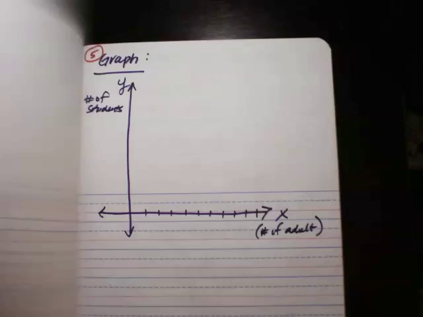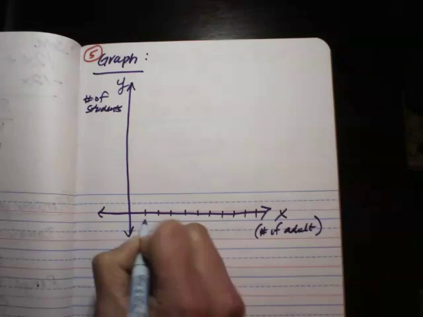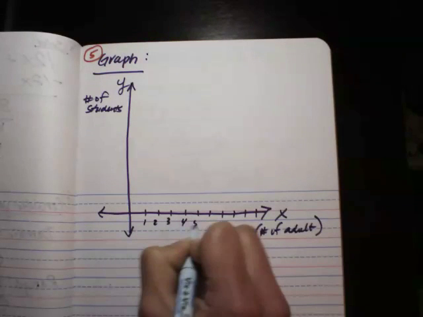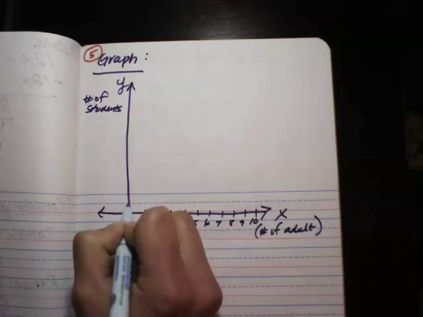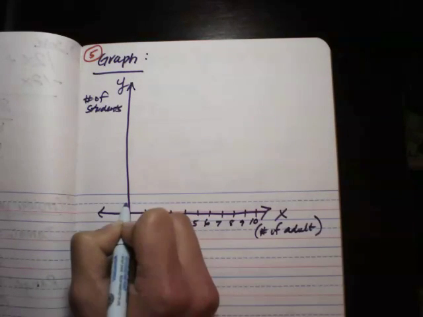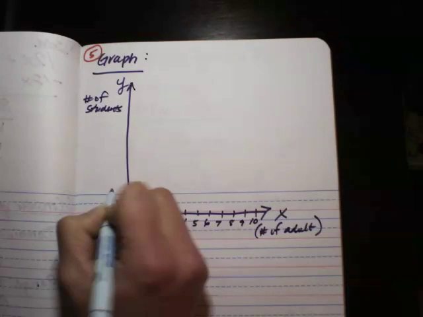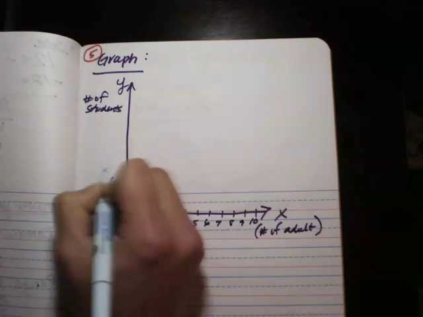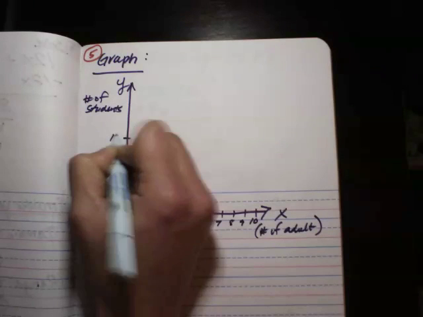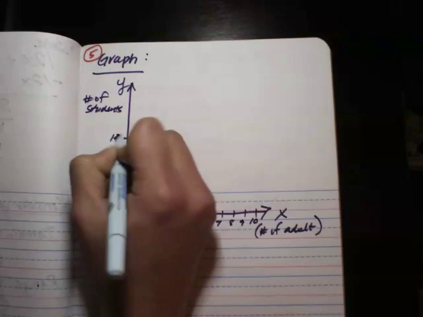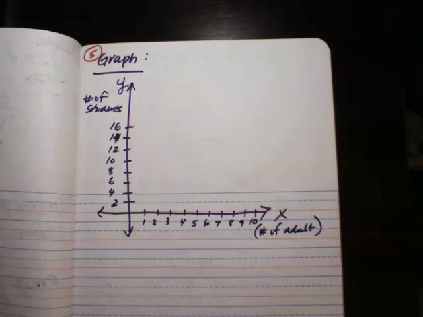Our y values go up to 15. Instead of going by 1, I think I'll go by 2: 2, 4, 6, 8, 10, 12, 14, 16.